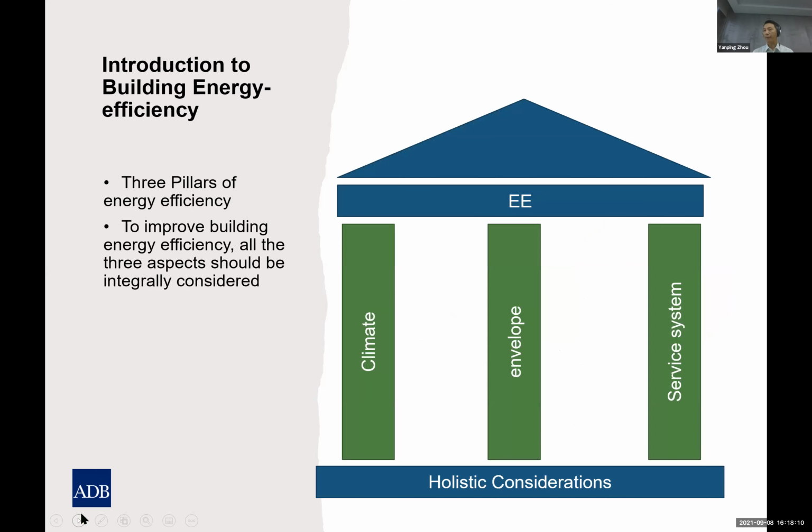I believe there are three pillars of energy efficiency when we talk about this topic. We always have to think about the climate in the first place, combine it with the cover of the buildings, the envelope, and finally we enter into the buildings, the service systems.